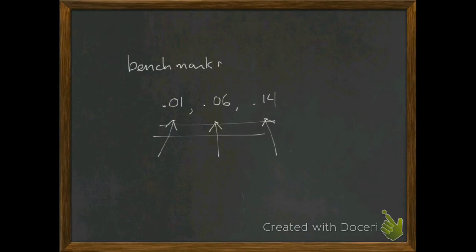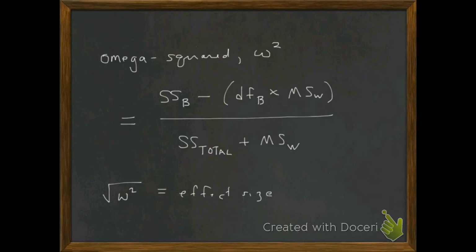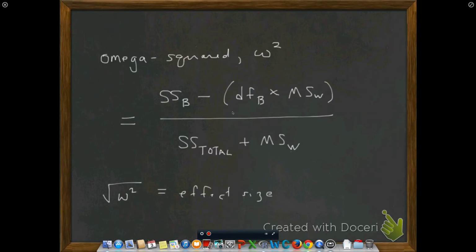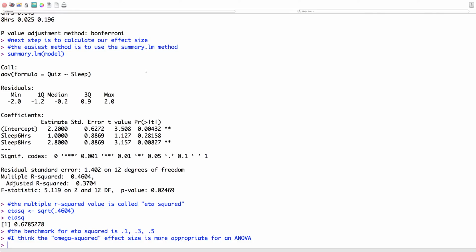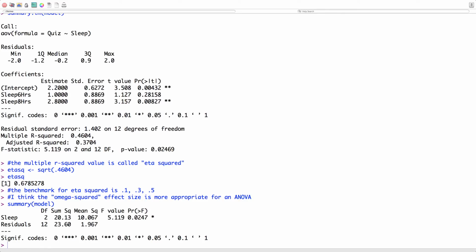All right. So, gang, let's go back over to R, and let's make this calculation. Now, I'd like to have my Anova output right in front of me, so I don't have to scroll up and down.